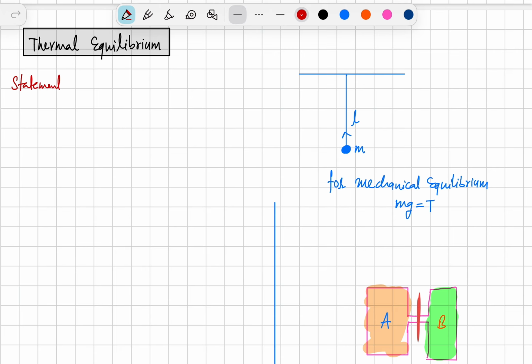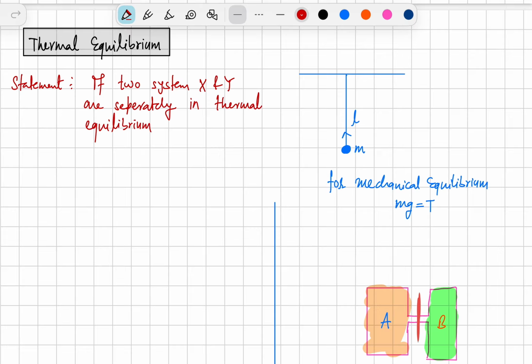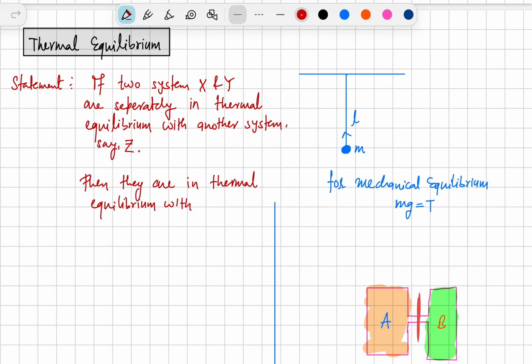The statement is that if two systems, suppose X and Y, are separately in thermal equilibrium with another system, say Z, then they are in thermal equilibrium with each other, meaning X and Y are also in thermal equilibrium.